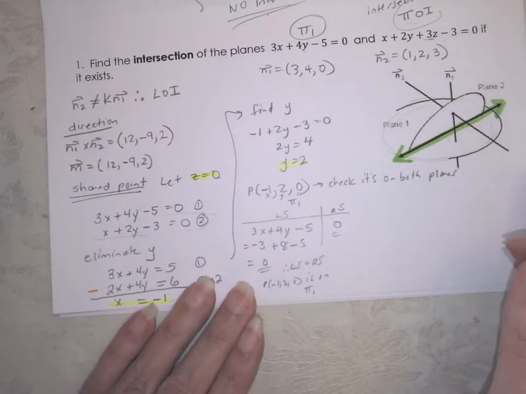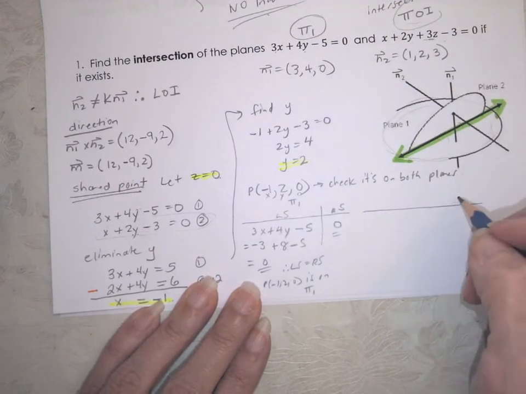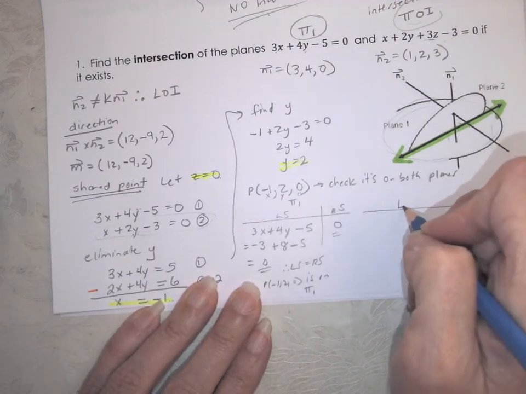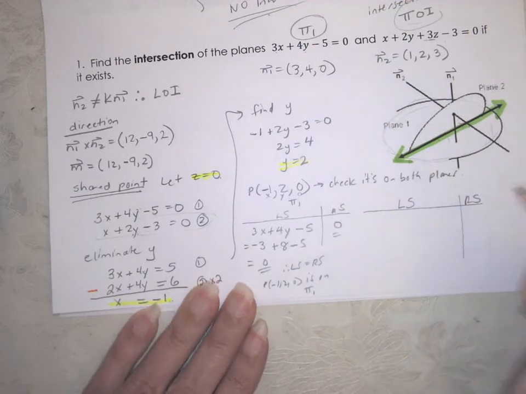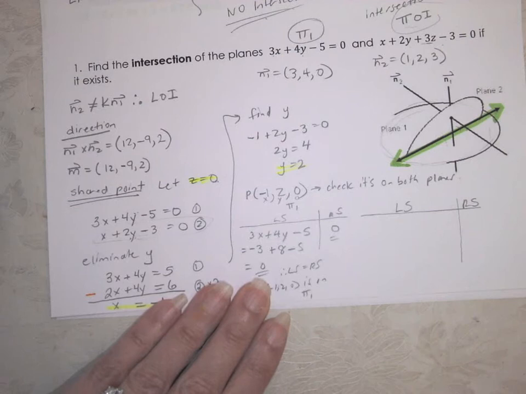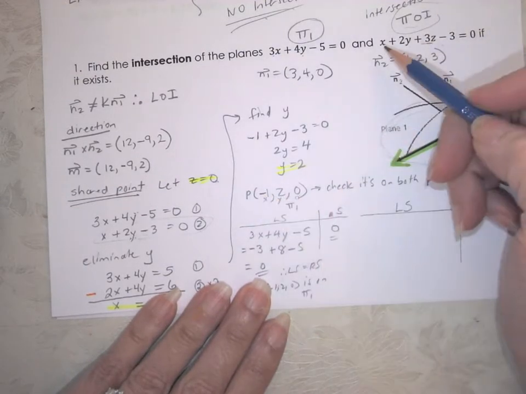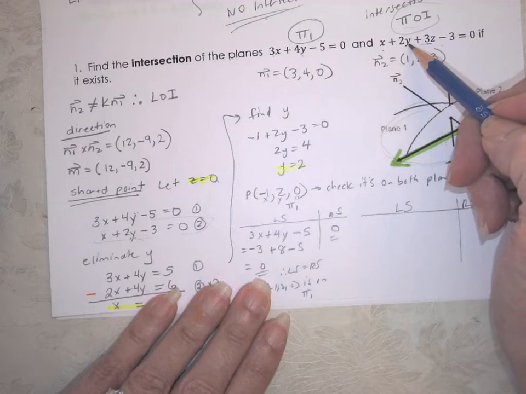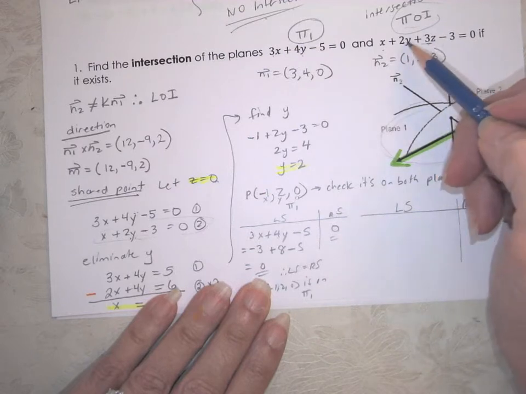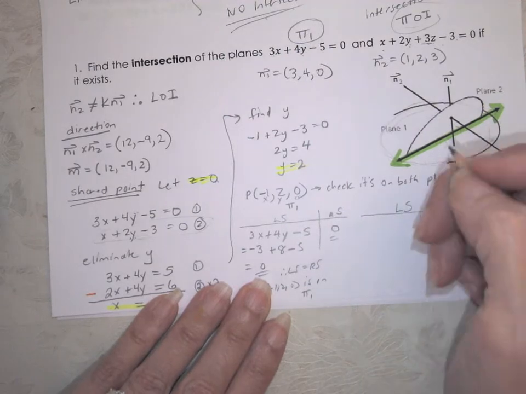And then I'm going to do the second plane. I'm going to run out of room here, but I'm going to do it. Some people do the check in their head, okay? Check and make sure this point satisfies this plane by thinking negative 1 plus 4 is 3 plus 0 minus 3 is 0, okay?